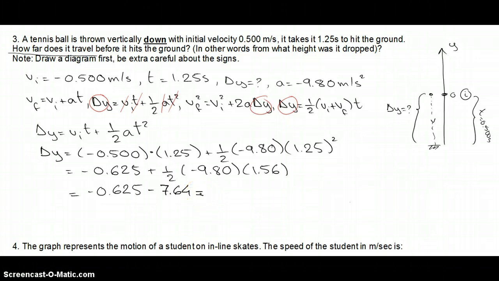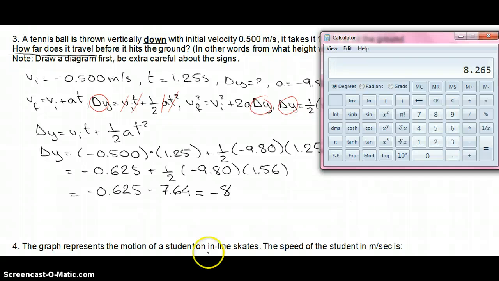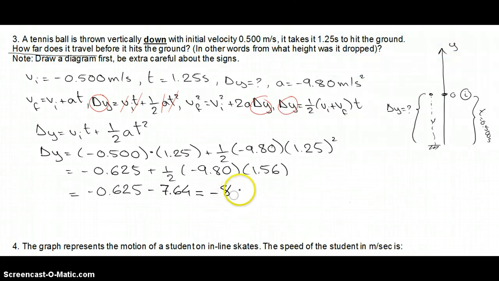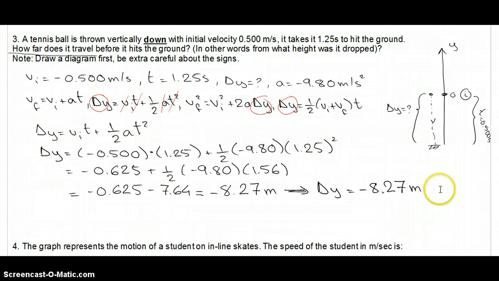You might get a slightly different answer because of rounding. And the final answer, when I add these up, is negative 8.27 meters. So delta y equals negative 8.27 meters.